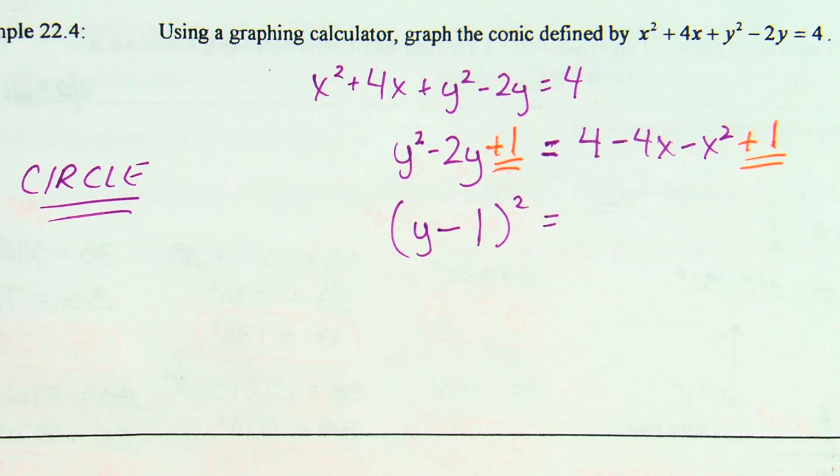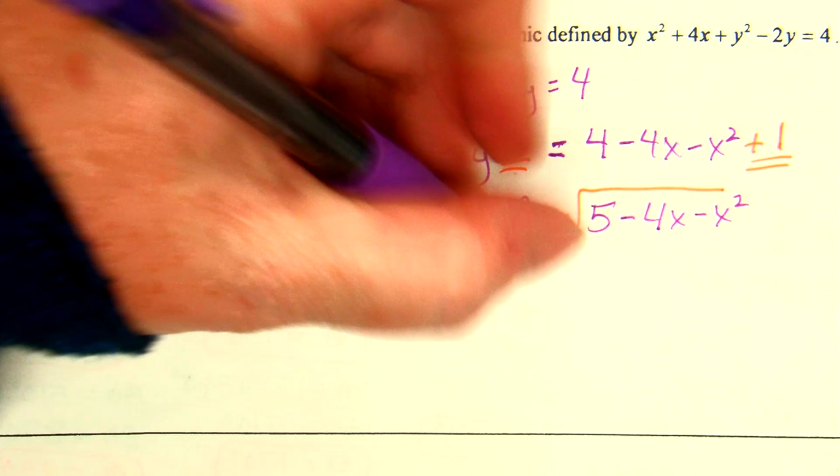Yep. Square root first, because that's my outer function. So then I'm going to have y minus 1 equals the square root of 5 minus 4x minus x squared. That has to have what in front of the square root?